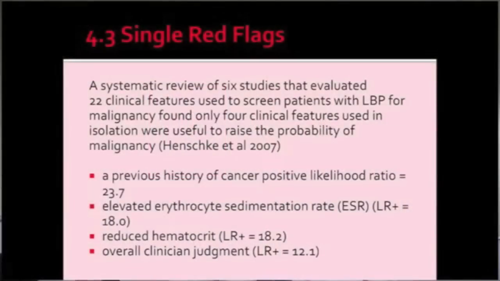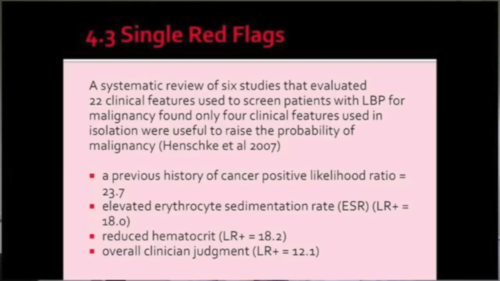So again, just talking a little bit more about single red flags, Henschke et al. in 2007 published a systematic review of 6 studies that evaluated 22 clinical features that were used to screen patients with low back pain for malignancy. They found only 4 clinical features which, if used in isolation, were useful to raise the probability of malignancy.